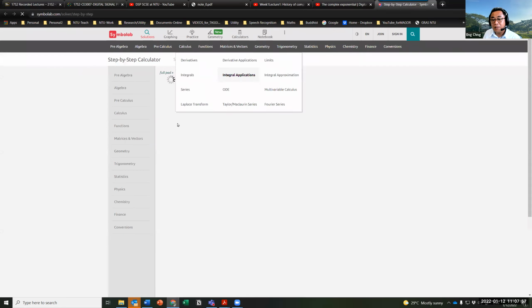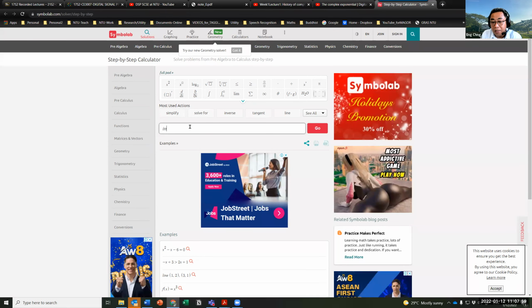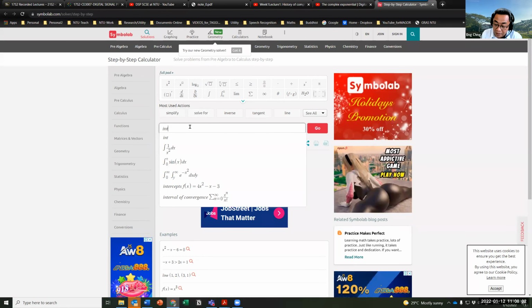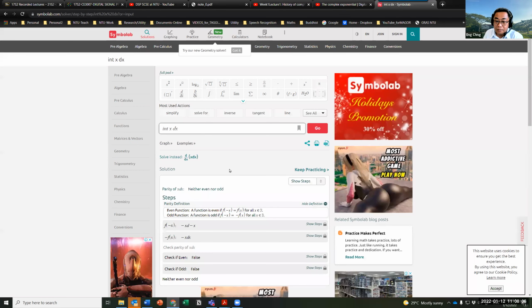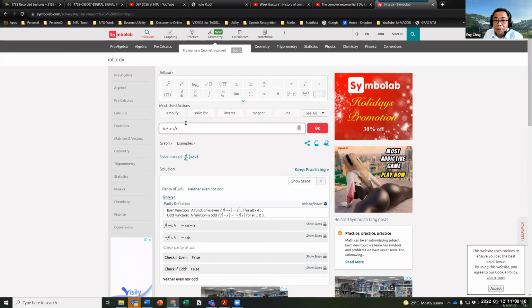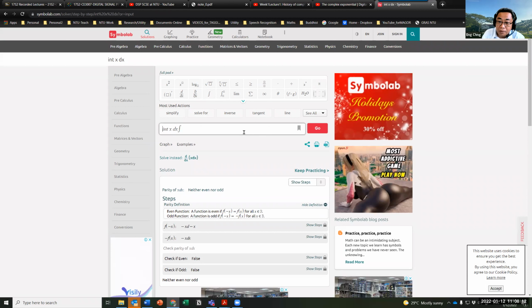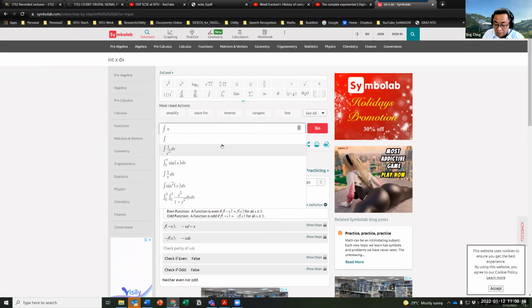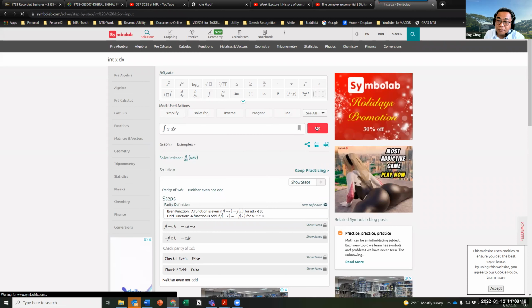In SymbolLab, basically, you can write your equations, integrate, let's say, x dx. Come on. What happened?